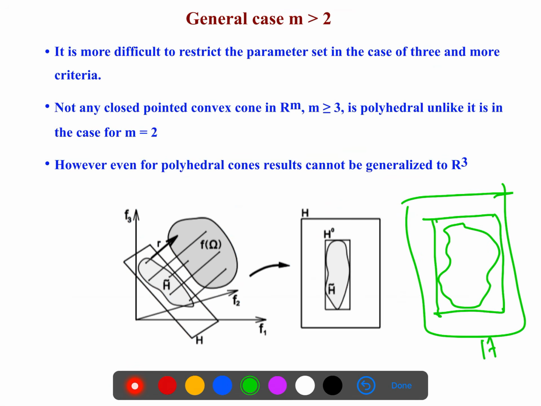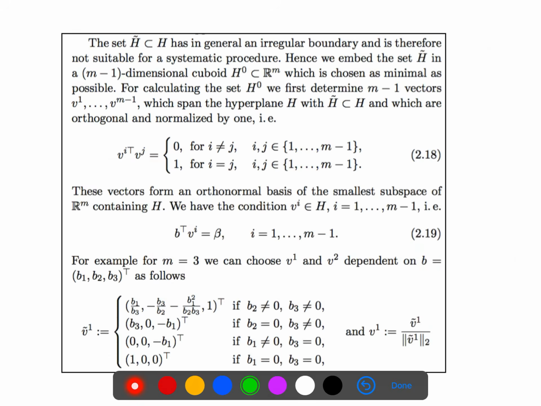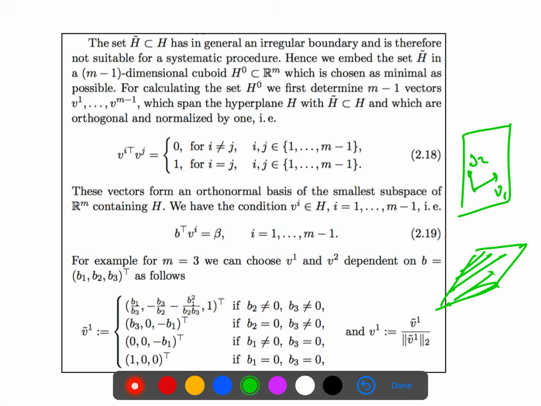And as I said, for the general case, we try to approximate it by some hyperplane. This hyperplane has basis vectors, V1, V2. These are vectors on it, and from calculus, a hyperplane can be formulated like this.